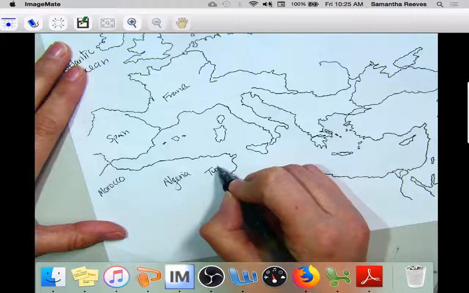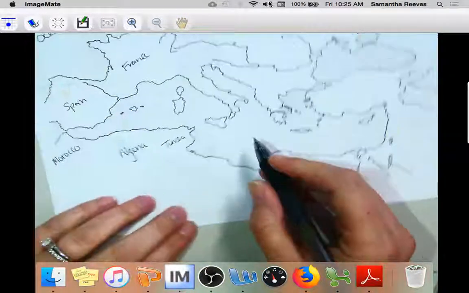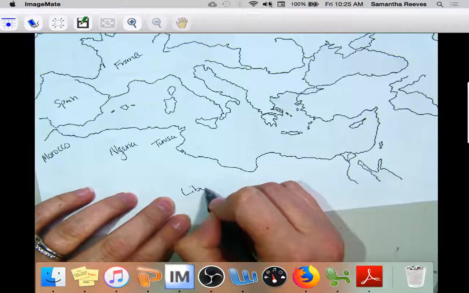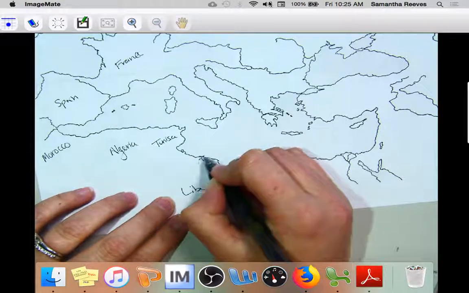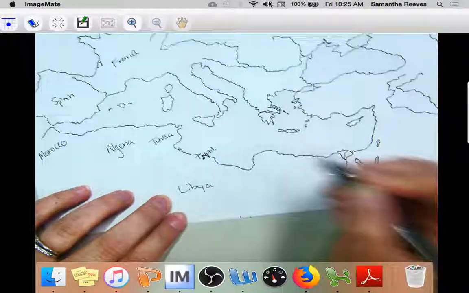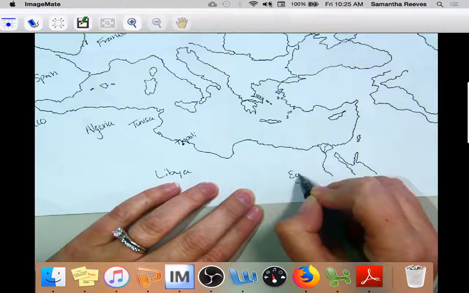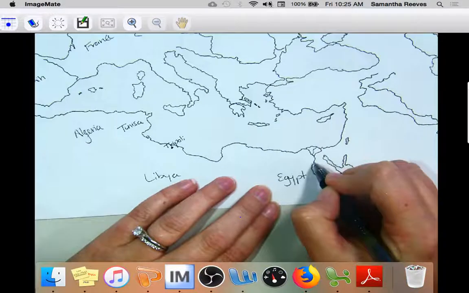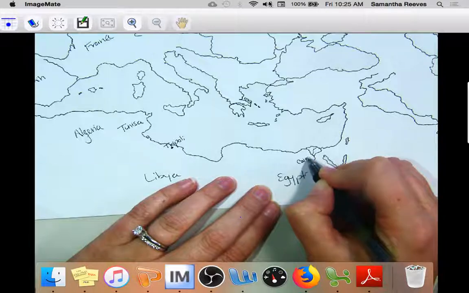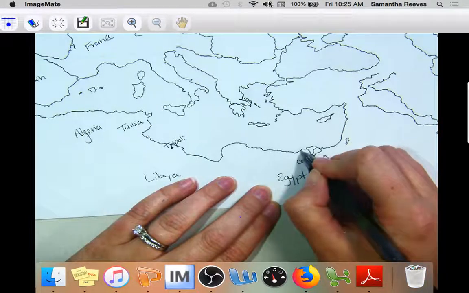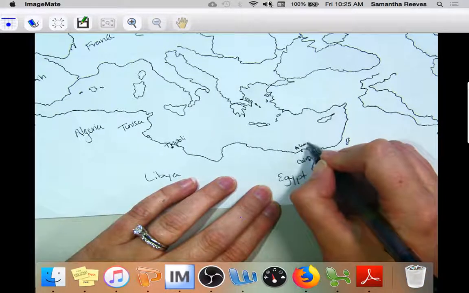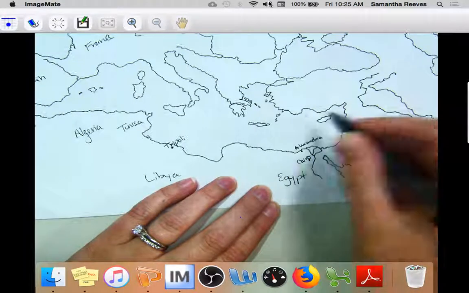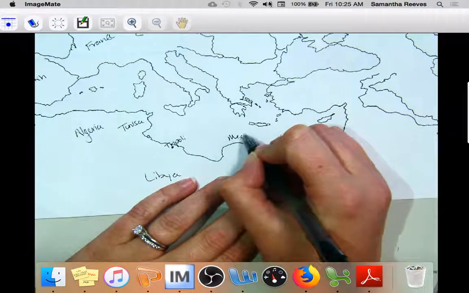Tunisia. Libya. Tripoli. Egypt. Cairo. Alexandria. Mediterranean Sea.